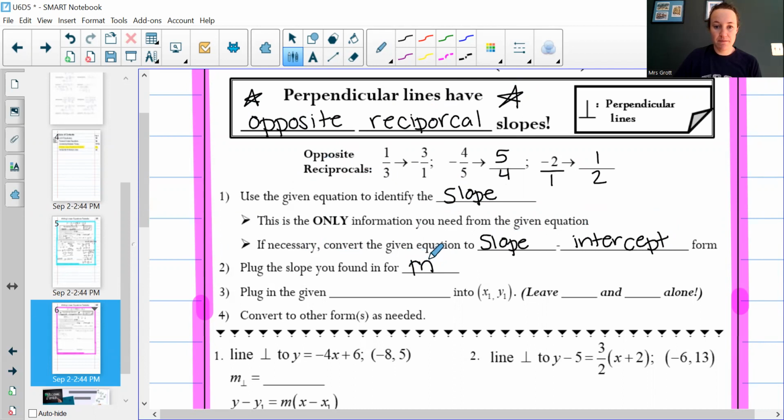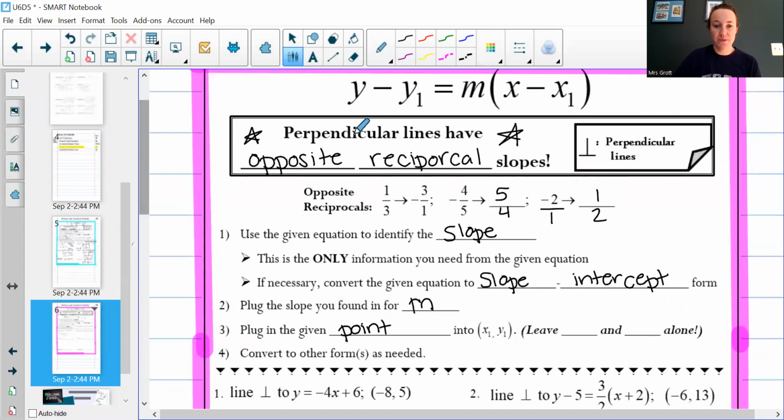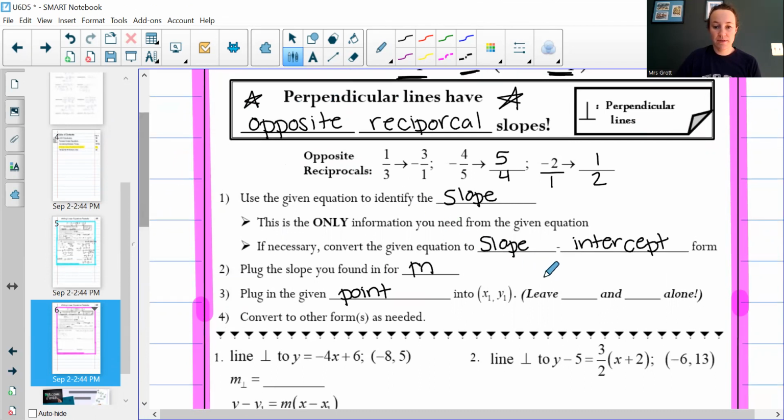Substitute your slope in for m. And we're going to put our point into x1, y1. So again, y1 becomes a number, m becomes a number, and x1 becomes a number. None of that has changed. X and y are being left alone.